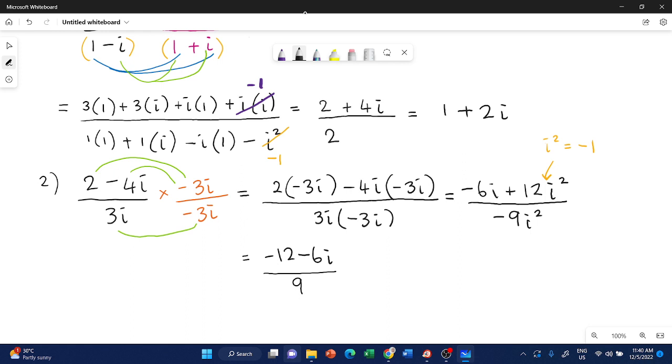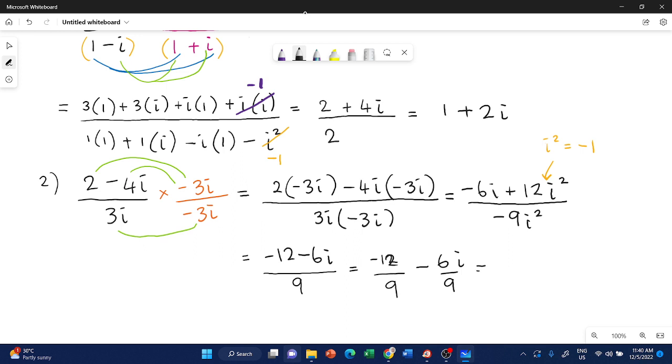Okay, so this fraction we separate lah, and then we look at if it can be simplified because the numbers can be divided by 3. So 12, 6 and 9 we can make smaller, divide by 3. Then we separate between real and imaginary. So when we separate, it's something like this: negative 12 over 9 minus 6 over 9i.